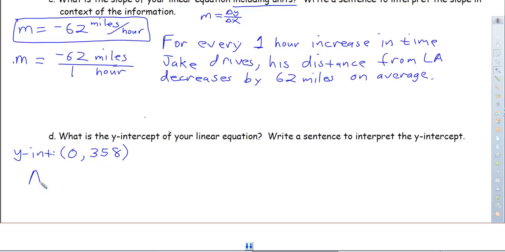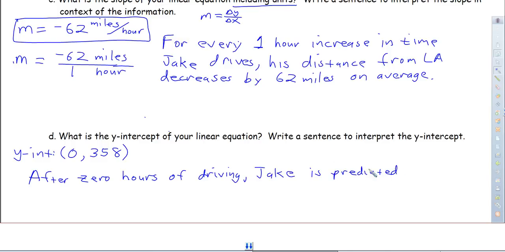So let's say that. This says that after 0 hours of driving, Jake is predicted to be 358 miles away from Los Angeles, from LA. Let's elaborate a little bit.